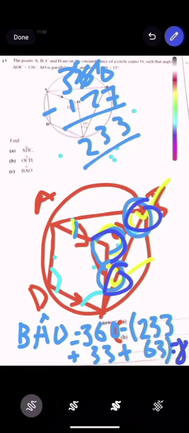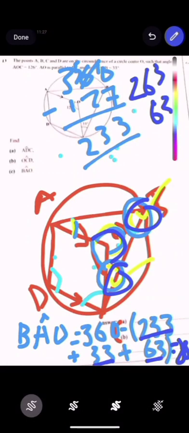I know you can manage to calculate this. 233 plus 33, it will give you 266 plus 63. Let me see. So 266.